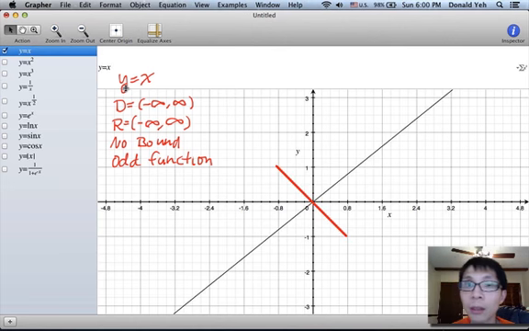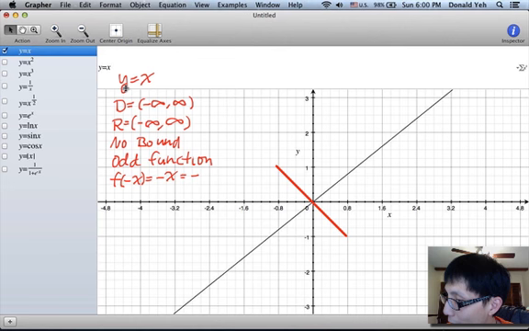It's a mirror, and if they are mirror images of each other across the red line, then they are odd functions at the origin. So this one is an odd function. You can also prove it algebraically: f of minus x equals minus f of x, therefore it is an odd function.